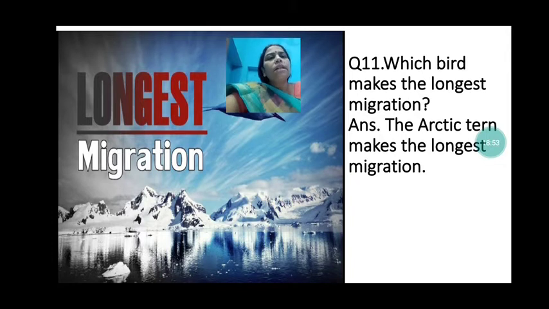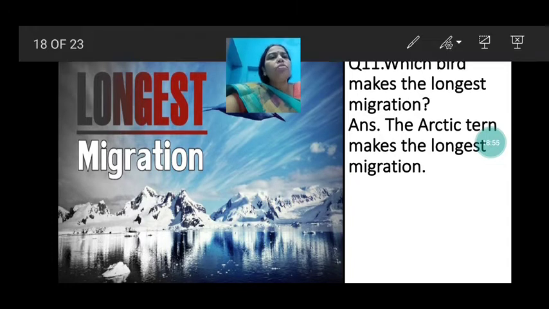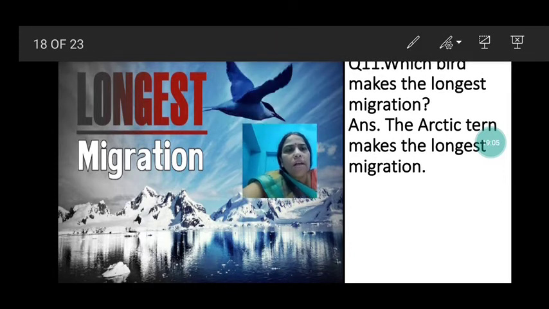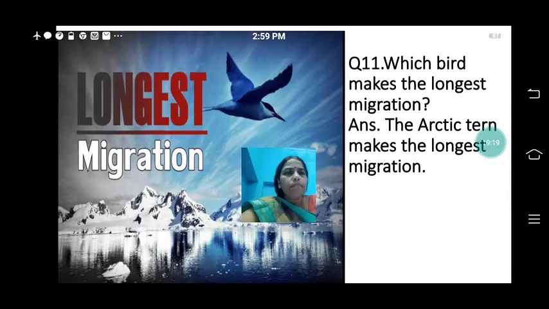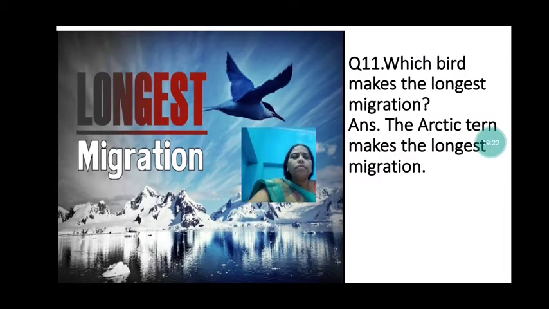Now, which bird makes the longest migration? The Arctic tern makes the longest migration. It moves from the North Pole to the South Pole. During its lifetime, it covers such a long distance that it equals 3 to 4 trips to the moon.